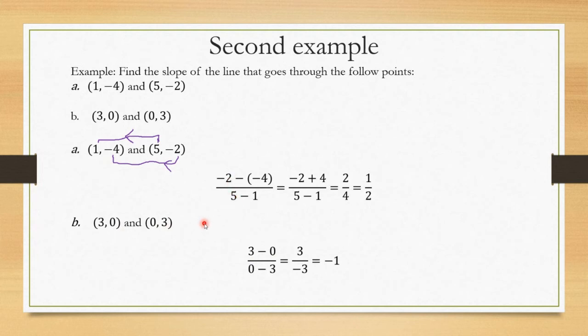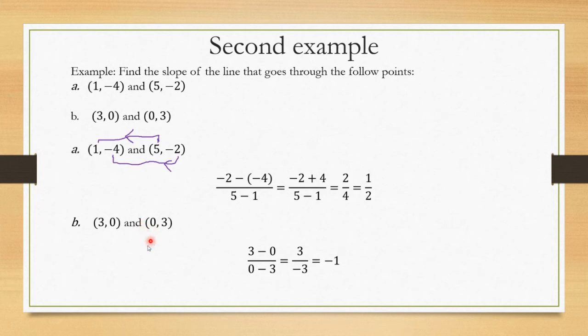Like for the first one, if 5 is x1 and minus 2 is y1, and then you label the other ones x2 and y2, that's fine also. Good question. I just thought the way I'm doing it would be a little bit easier, but if you want to label it that way, that's fine.